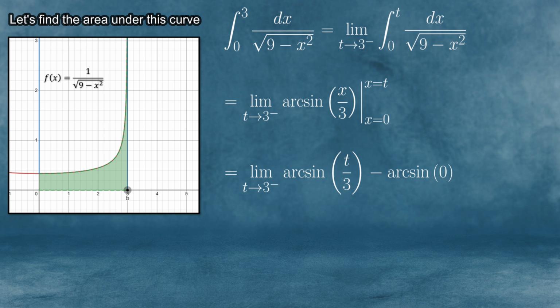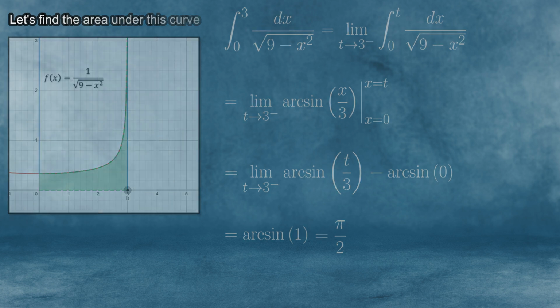Now, arcsine of 0 is 0. And if we substitute 3 in the function, we get arcsine of 1, which is equal to pi over 2. Therefore, the area under the curve of the function 1 over the square root of 9 minus x squared in the interval from 0 to 3 is equal to pi over 2.